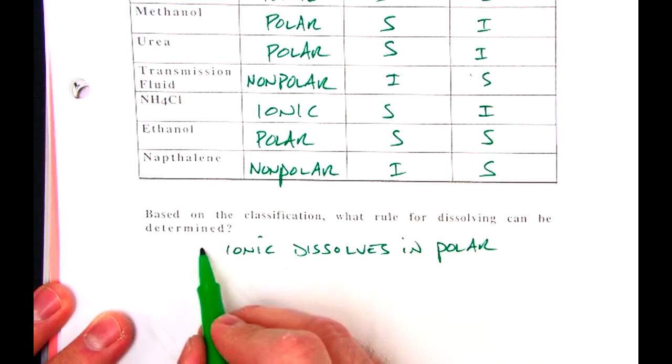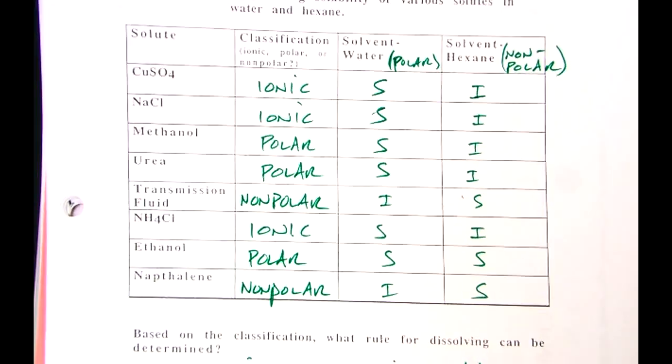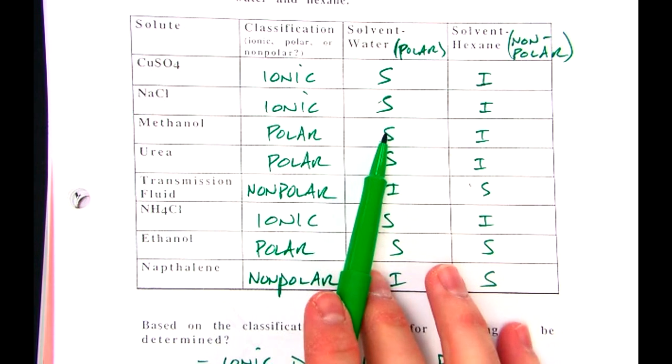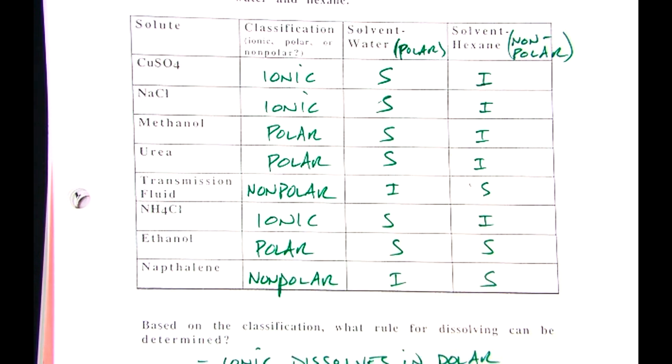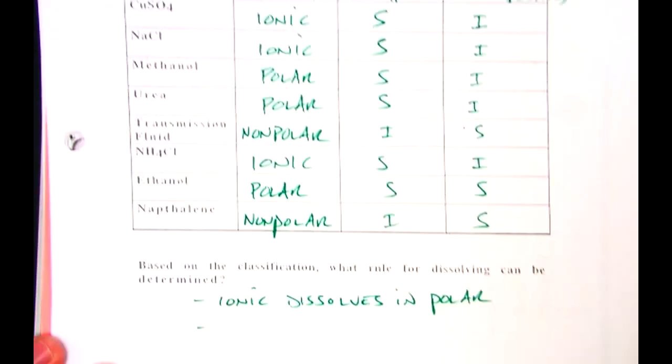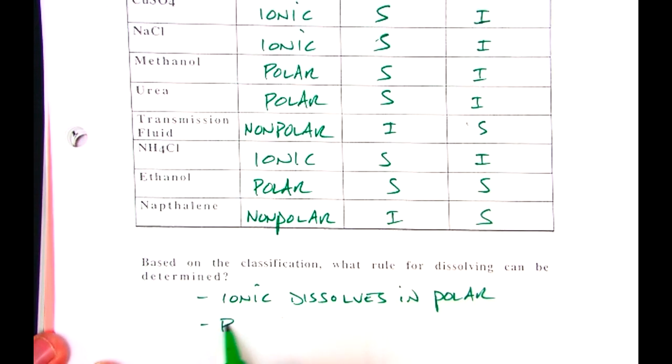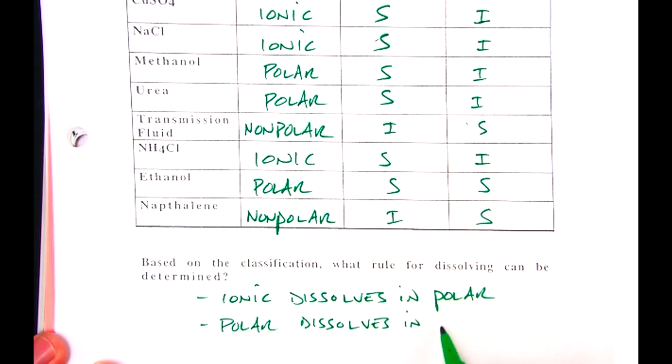Now, what about all those things that are polar? What's the pattern there? Polar dissolves in polar. Polar dissolves in water, which is polar. So down here below, we're going to write down that polar dissolves in polar.